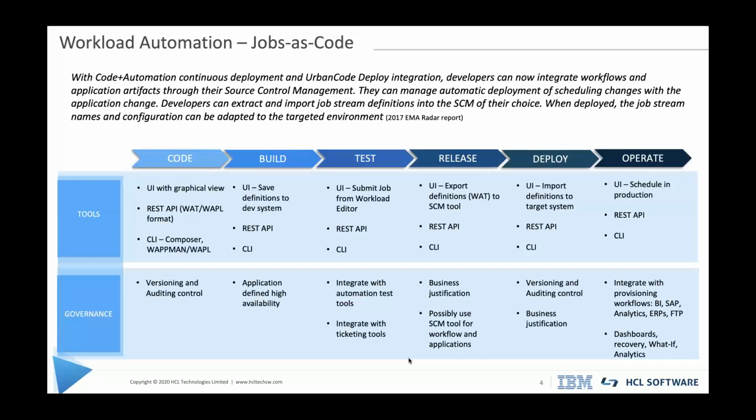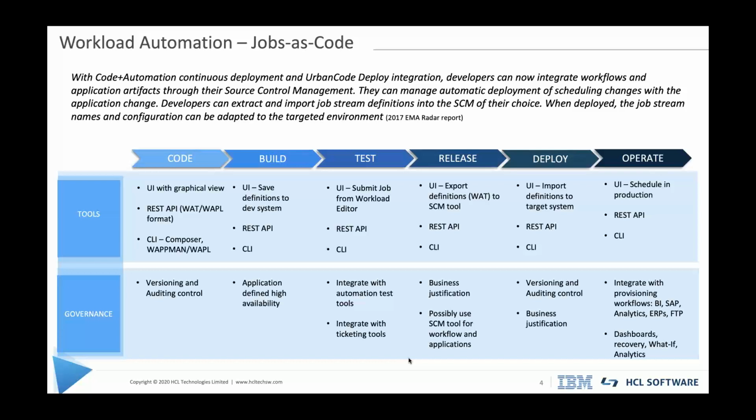Deploy means you can import these definitions to another system. It could be that you are moving your definitions from development to test, or from test or verification to production system. And all these steps can be automated with REST APIs, command line, or you can do them manually with the UI.